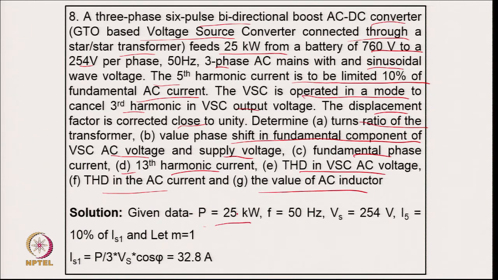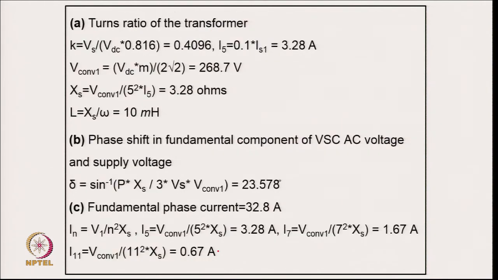So, coming to the numerical part, we have a power here of typically 25 kilowatt, and V is equal to, and 10% ripple of IS1. Taking a modulation index, we can find IS1 from this relation. It comes to 32.8 ampere, and we can find the turns ratio of the transformer.